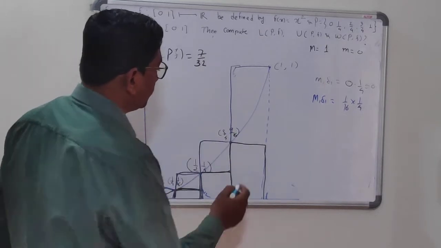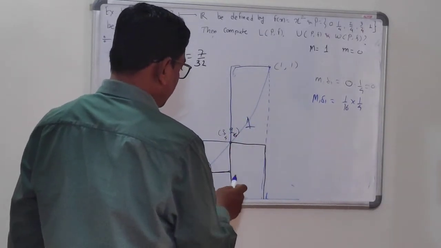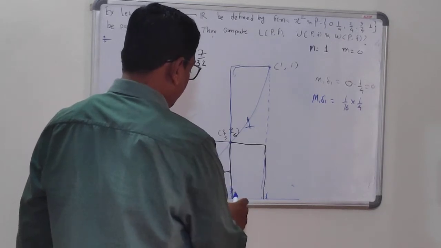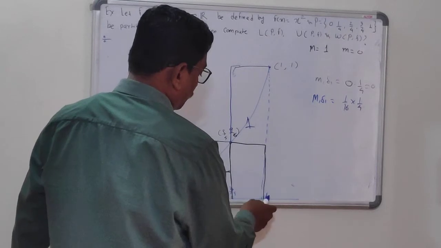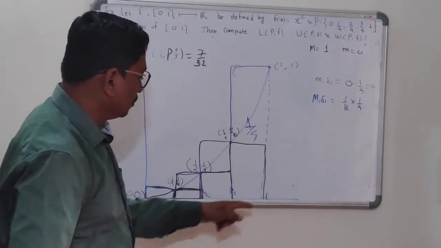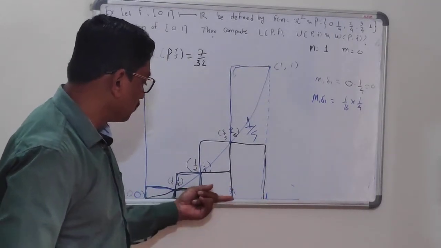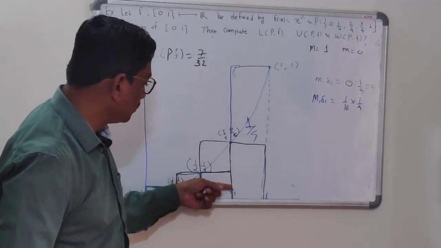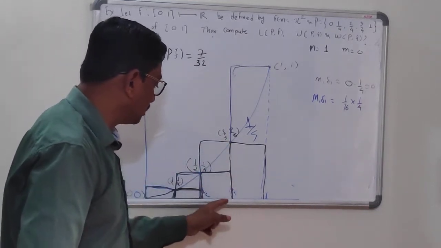This has area 1. What area does it actually have? The 9 by 16 is multiplied by 1 by 4. Okay, it's not 1, it's 1 multiplied by 1 by 4. So this is 1 by 4 area. Actually it is a rectangle. This is 1 and this much is 1 by 4 as we have seen. So this is 1 by 4 and this is 9 by 16. So 1 by 4 into 9 by 16 is this area.